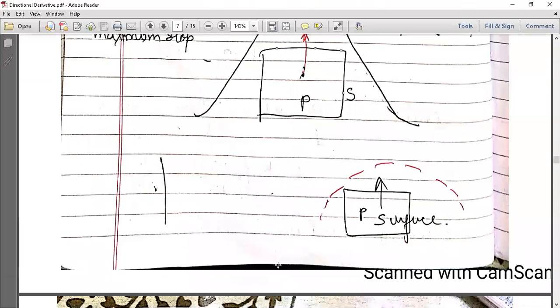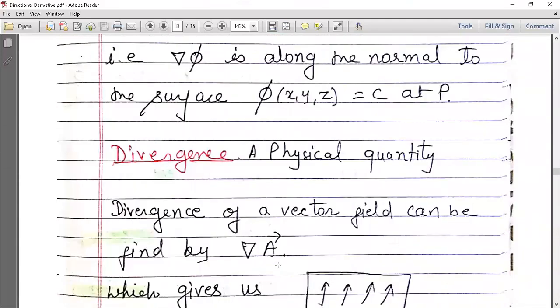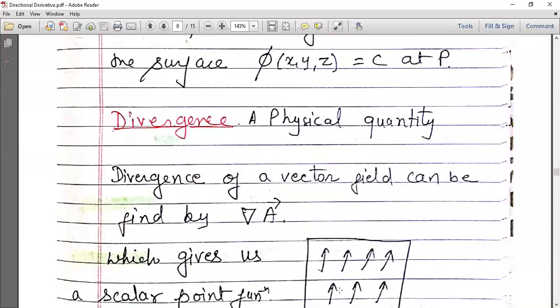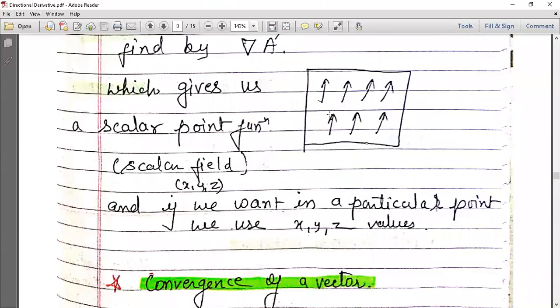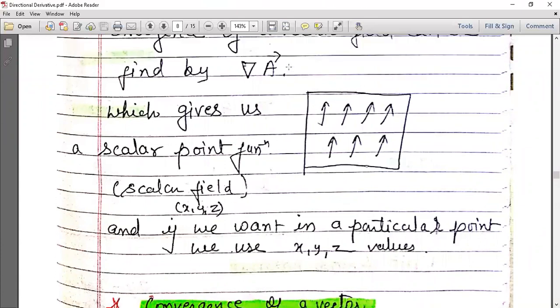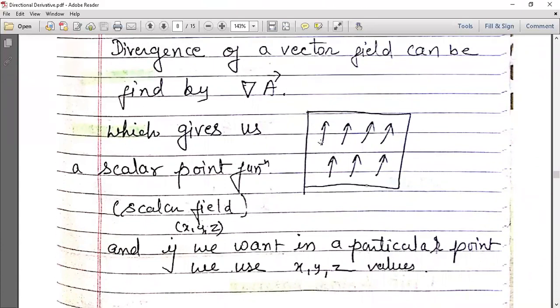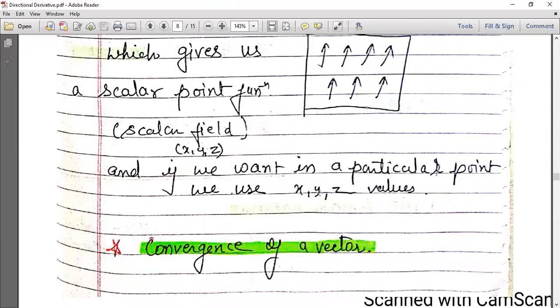So when we find this using divergence of a vector field, it gives a scalar quantity. It shows the convergence of a vector.